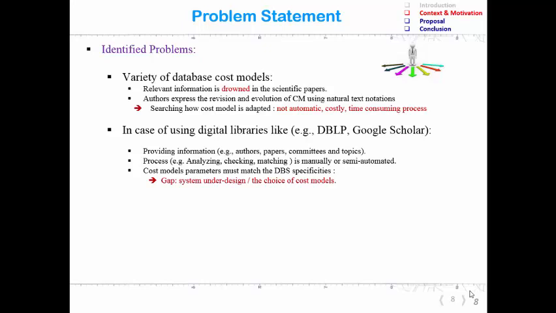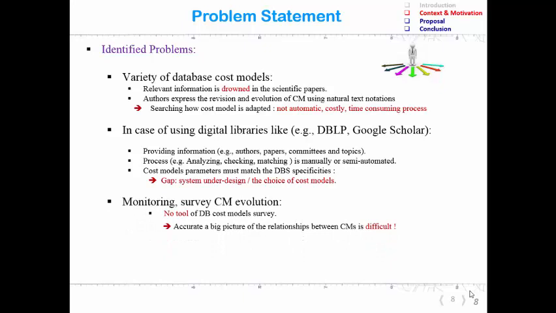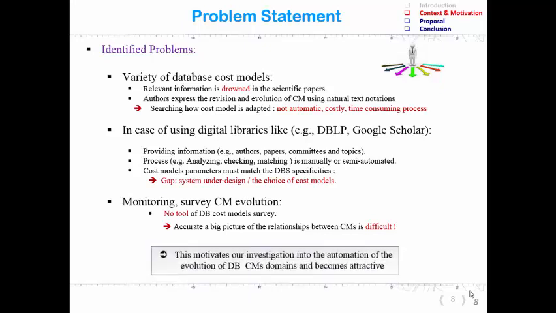But for instance, one can only consult a cost model in order to see its chart, its signature and its components. One needs to find the respective scientific papers, then select and compare them manually.